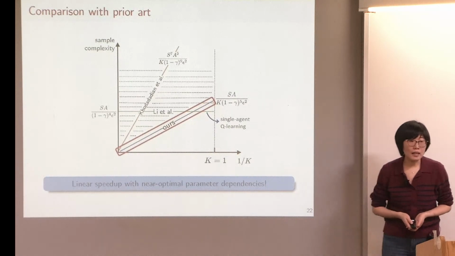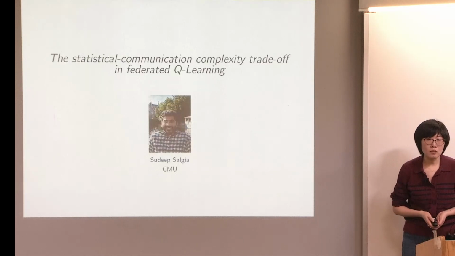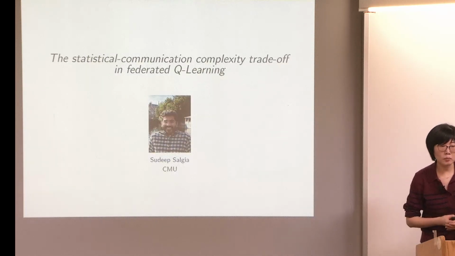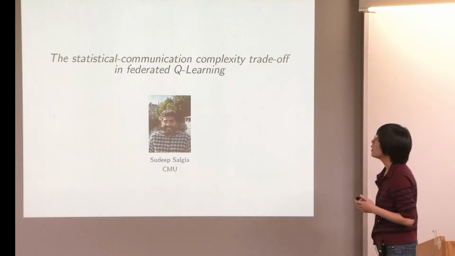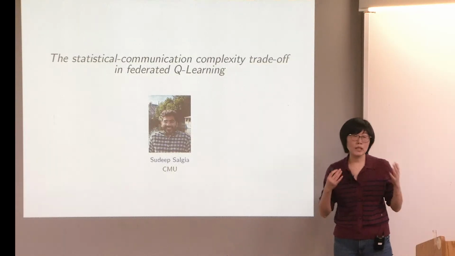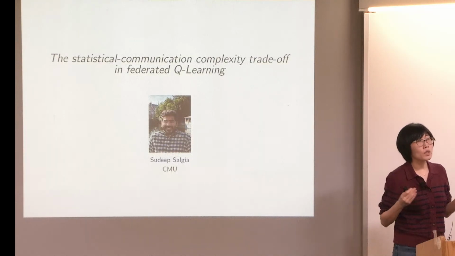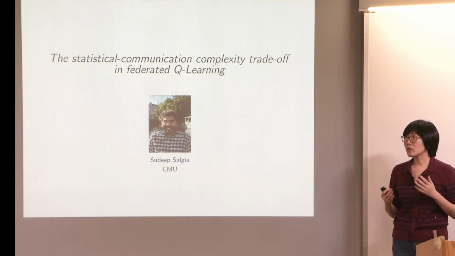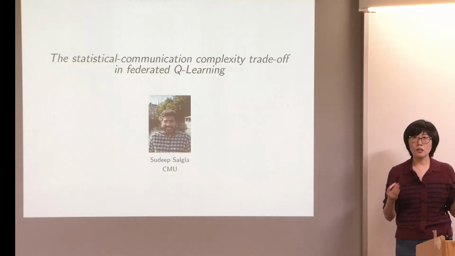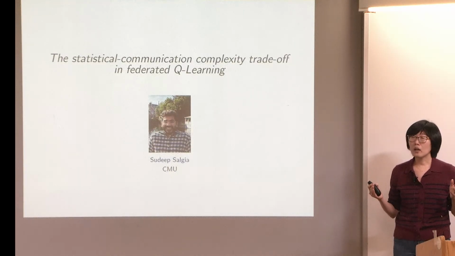All right, so that's nice, but let's maybe try to go a little bit beyond this basic setting. So the next question I want to look at is more on the communication side. Because we see that, yes, we can get this kind of linear speedup with reasonable communication cost, but it's really not clear what the optimality of the communication cost is in this kind of setting.